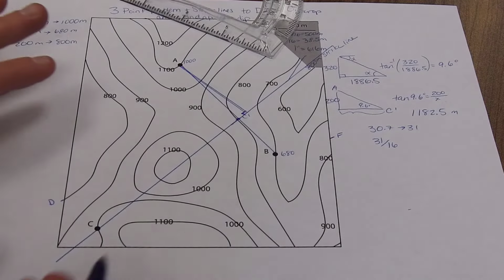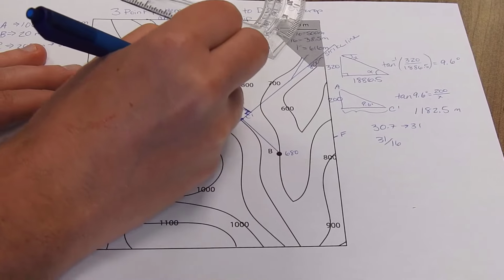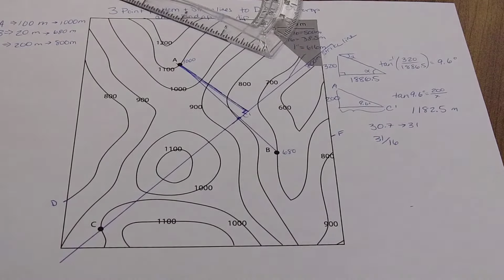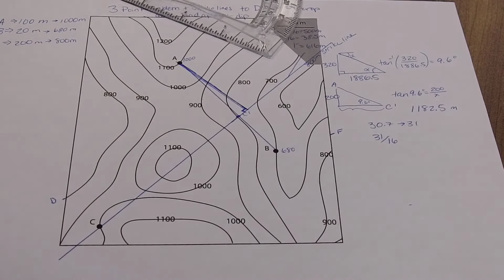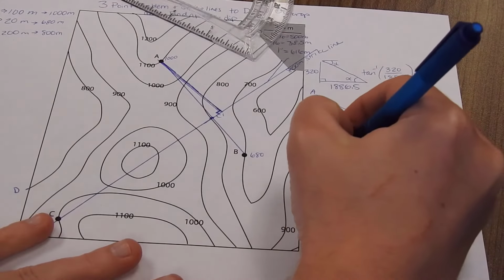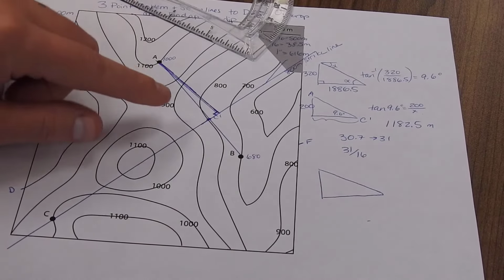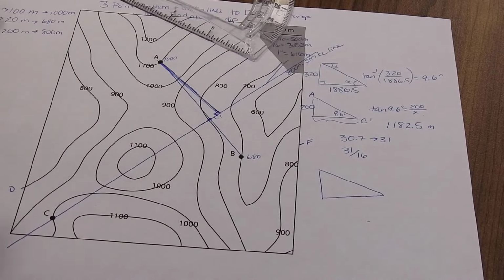Okay, so it's this one right here. All right, that line represents the direction of dip. So now we need to use that triangle or that line to produce a triangle that gives us true dip. We already know that the difference in elevation between A and the 800-meter strike is 200 meters.